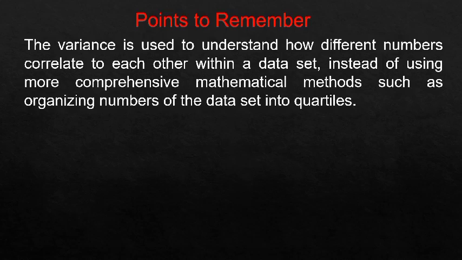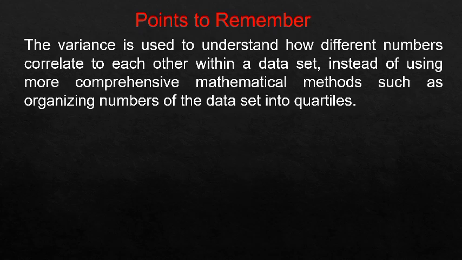We need to remember that in statistics, the variance is used to understand how different numbers relate to each other within a dataset, instead of using more comprehensive mathematical methods such as organizing the numbers of the data set into quartiles.